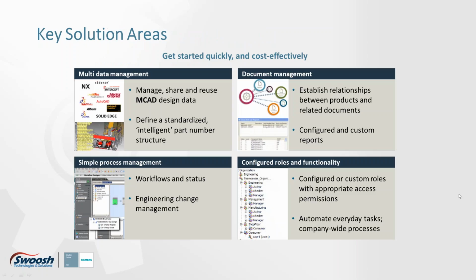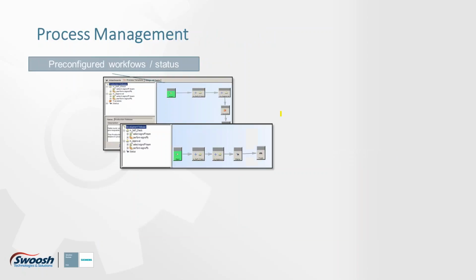The next item we'll take a look at is process management, the pre-configured work roles and functionality. The pre-configured installation that comes with Teamcenter enables you to utilize pre-configured workflows that have been made by Siemens utilizing some best practices.